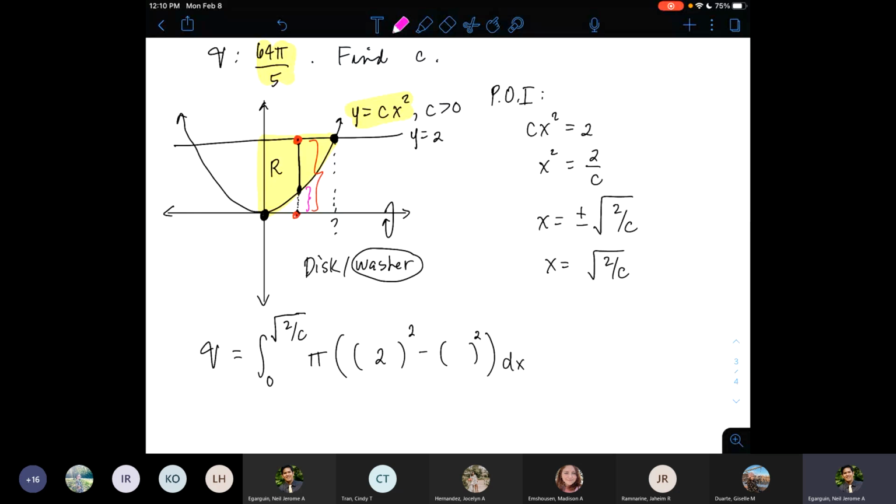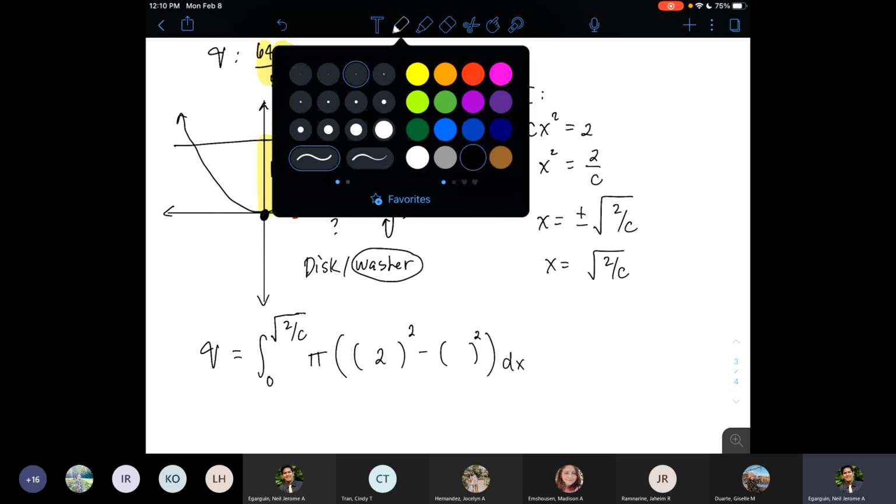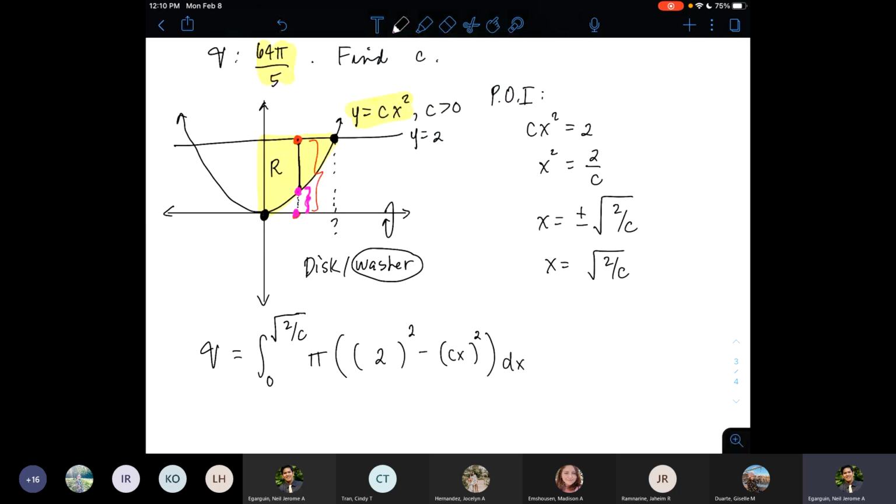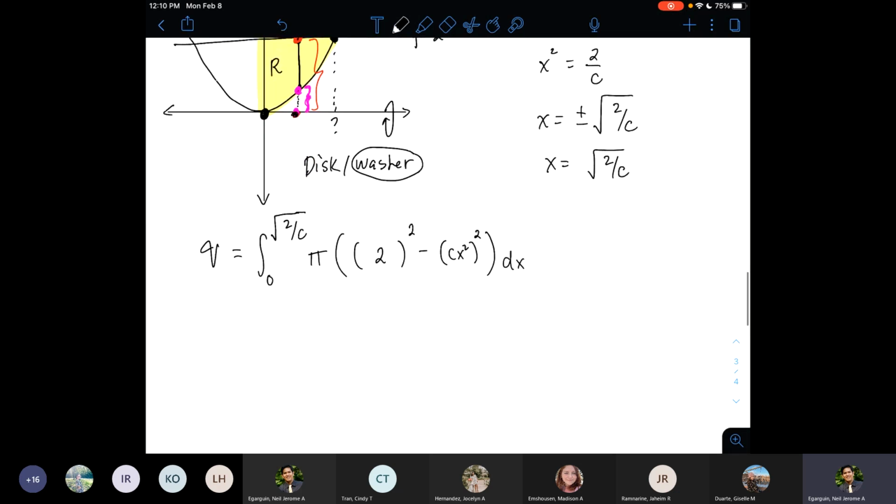So here, this would be my inner radius. And again, that would be top minus bottom. The top function is the parabola. I know the equation is cx squared. The bottom function is y equals 0, so minus 0, I'll still have cx squared. So that is the integral that gives us the volume of the solid.